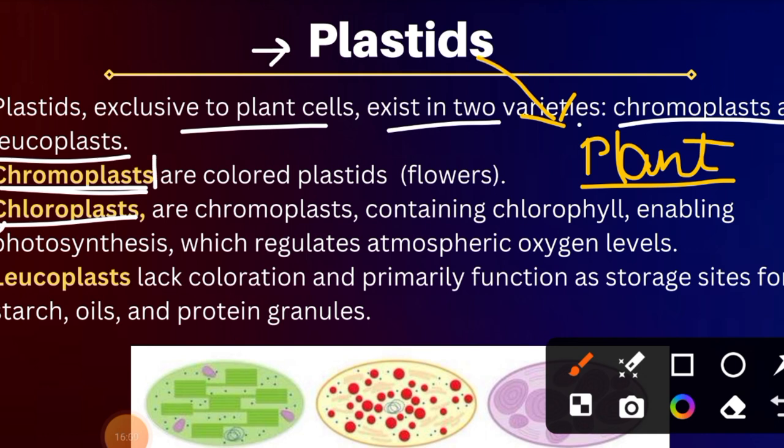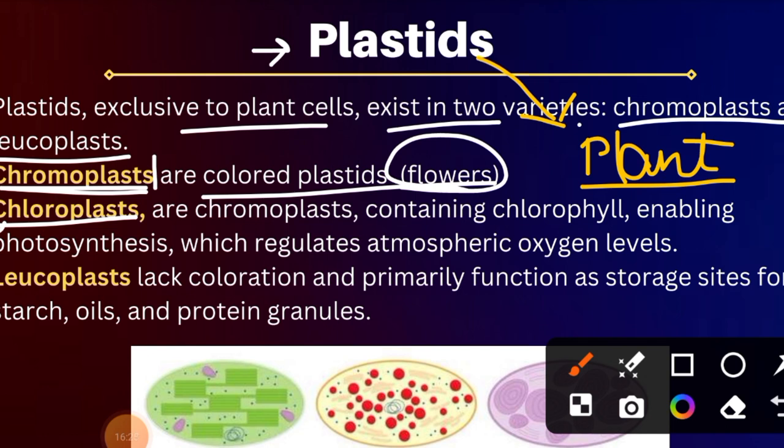But chromoplasts have various colors, which is why flowers appear different in color. Why? Because of these chromoplasts. And humans appear various in color, like black and fair, so it has chromoplast with these colors specifically. But mostly chloroplasts and leucoplasts are found in plants.